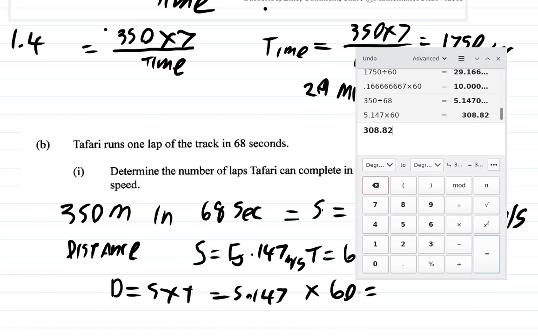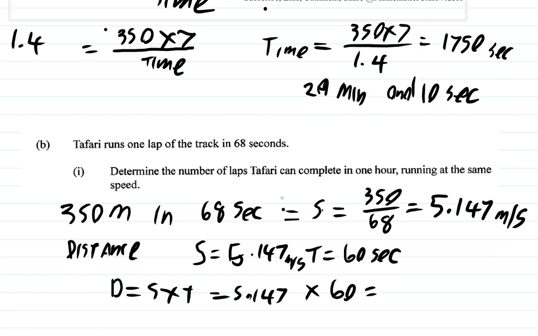I multiplied by 60. That's 60 seconds. That's 1 minute. I must multiply by 60 again for minutes. So here, what happened? He runs at 5.14 meters per second for 60 seconds. That's 1 minute. But 60 minutes are in 1 hour. So I must multiply by 60 again.